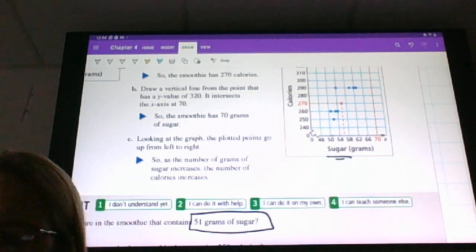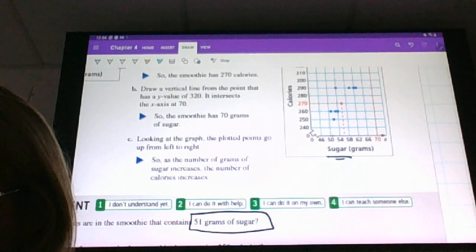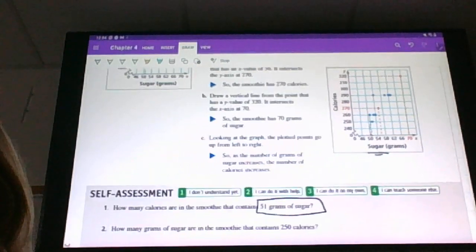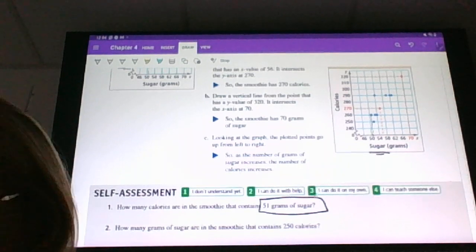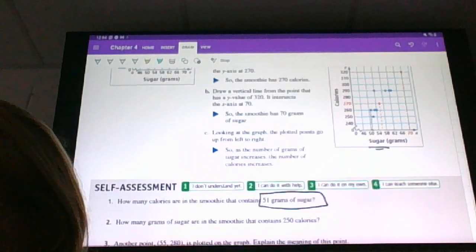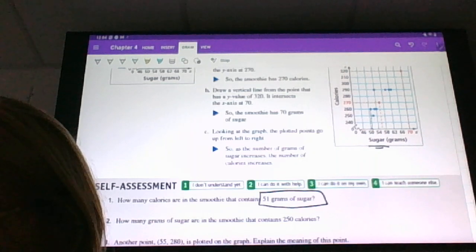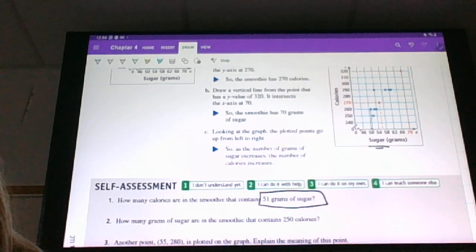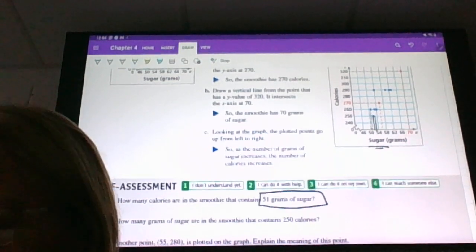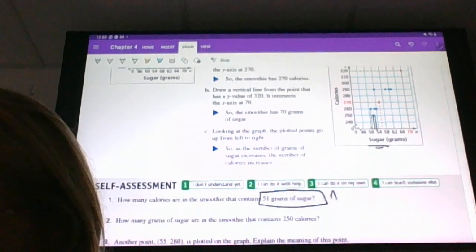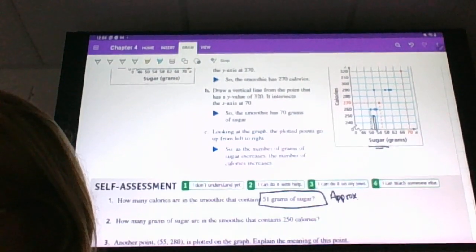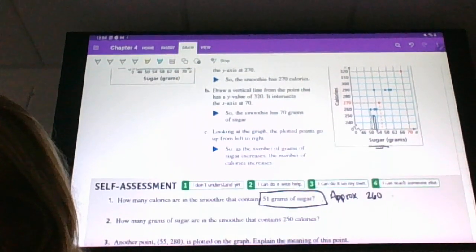So when I go up, it looks about like 260. Approximately 260 calories.